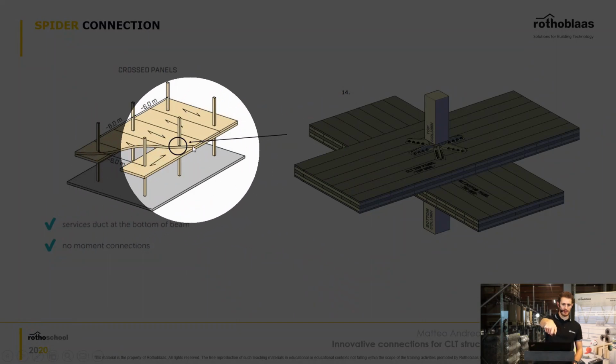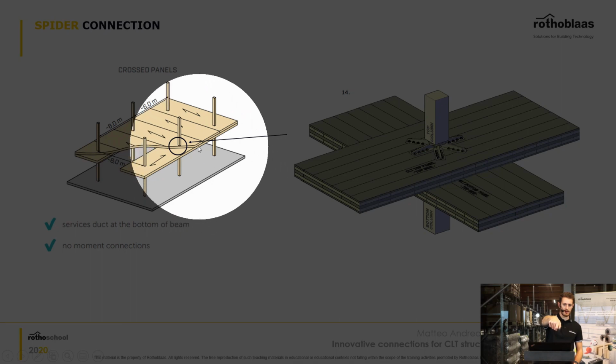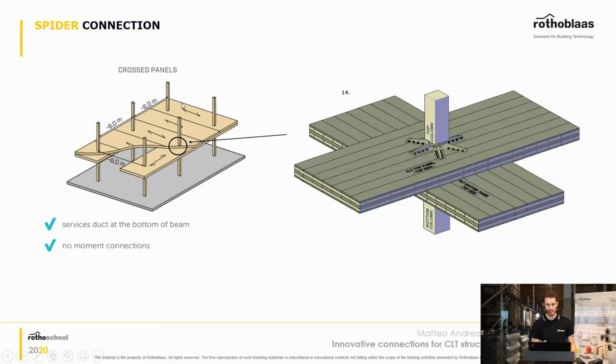And another way to do the same thing basically is just by using the CLT panels down here as a continuous beam, and you can place other CLT floor panels on top of those, so that you basically are achieving the same thing, but without using bending moment connections, which sometimes are difficult to design.